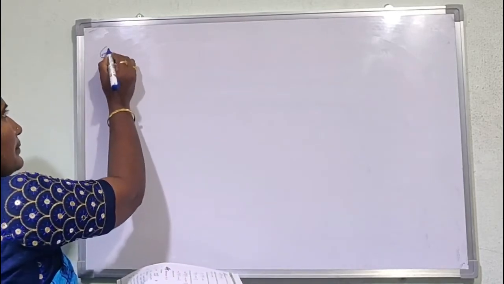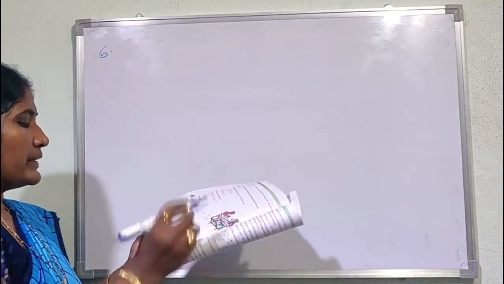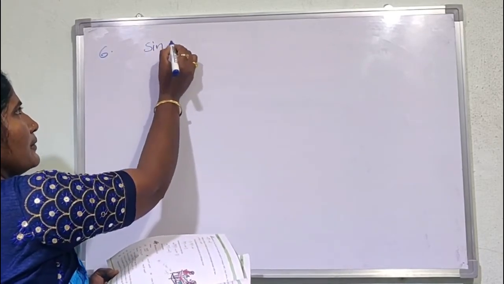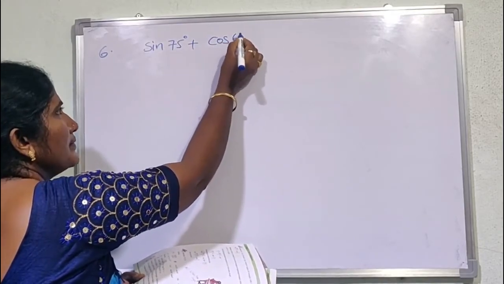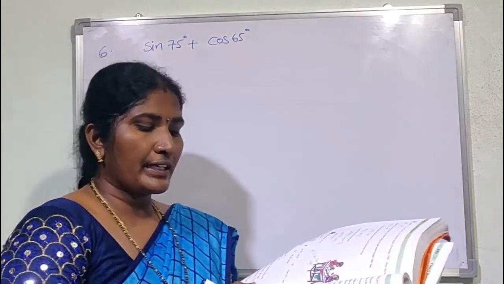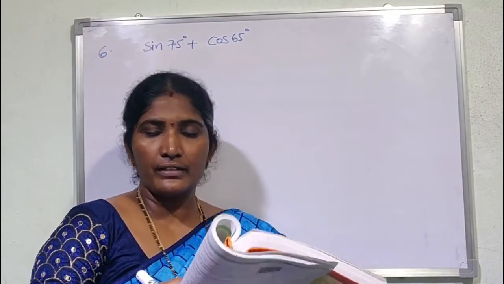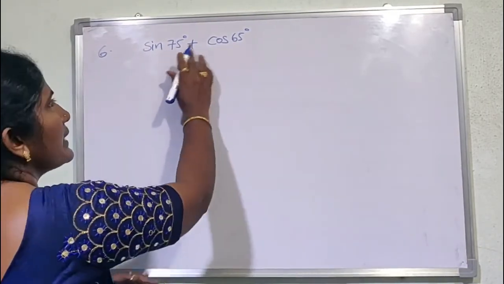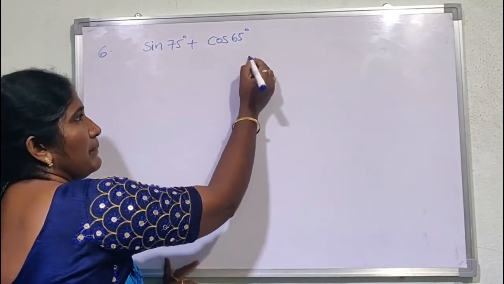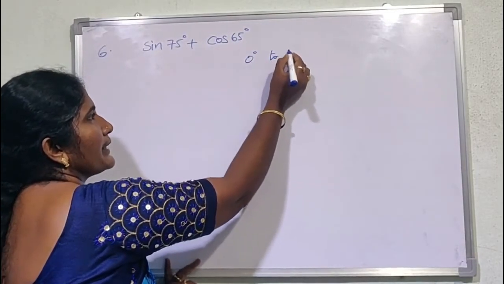Now the last sum, the sixth one. Express sin 75 plus cos 65 in terms of trigonometric ratios of angles between 0 to 45. Here they are asking to express these two ratios in between 0 to 45 degrees.